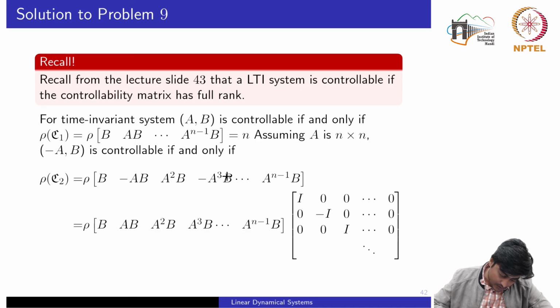So let's see. For a time invariant system, we know that the pair A, B is controllable if and only if the rank of the controllability matrix is equal to n. Now assuming that A is an n cross n matrix, the pair minus A, B is controllable if and only if the controllability matrix of that pair, which is given by B, minus AB, and here we have A square, so it becomes positive, and similarly in this way, has rank n.